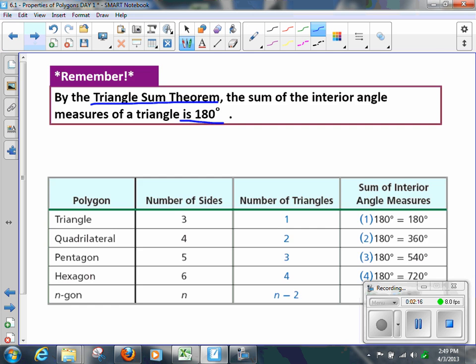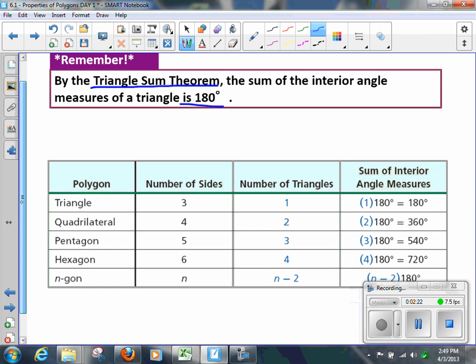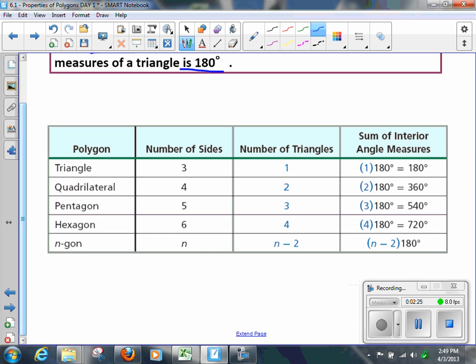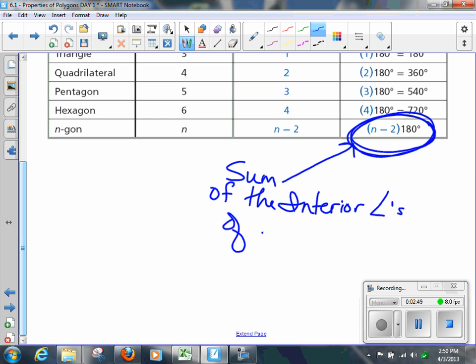But here's what you need to know. I want you to circle this one: n minus 2 times 180. That is going to be very helpful to you in finding the sum of the interior angles of any polygon, no matter how many sides it has.